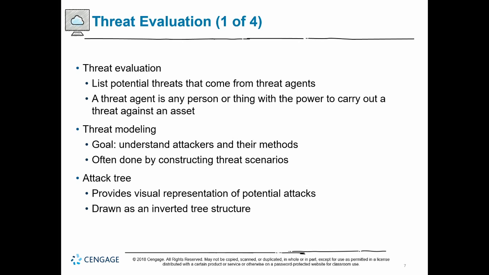Threat modeling is a process by which potential threats, such as structural vulnerabilities or the absence of appropriate safeguards, can be identified, enumerated, and mitigations can be prioritized. It allows you to understand who the attackers are, why they attack, and what types of attacks might occur. So in threat modeling, the goal is to understand attackers and their methods, often done by constructing threat scenarios.